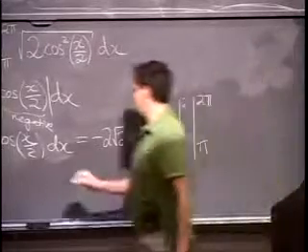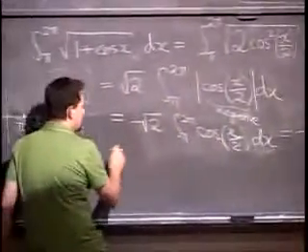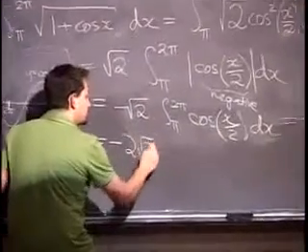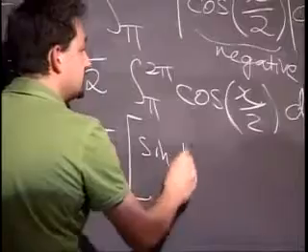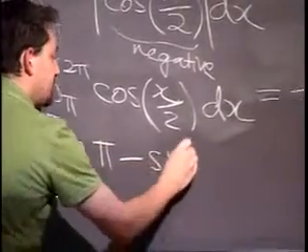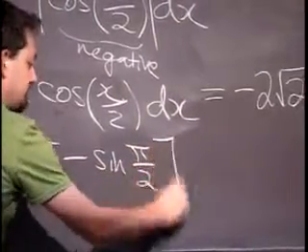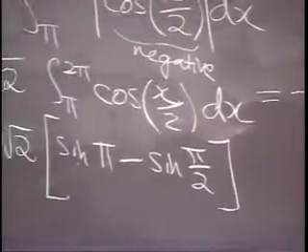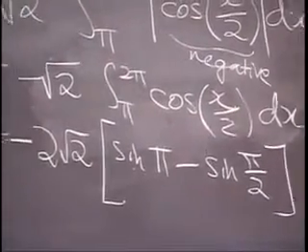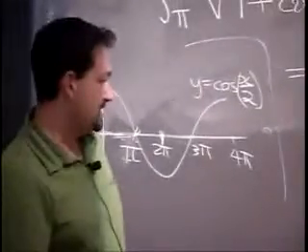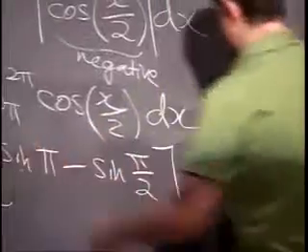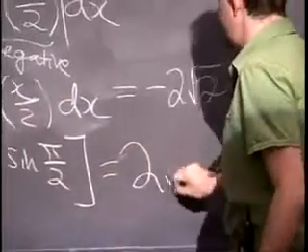Anyway, if you work this out, you get negative 2 root 2 outside of sine pi minus sine pi over 2. Sine of pi is 0. Sine of any multiple of pi is 0, whereas sine pi over 2 is 1. So this becomes minus 1 times minus 2 root 2, and we finally get 2 root 2.